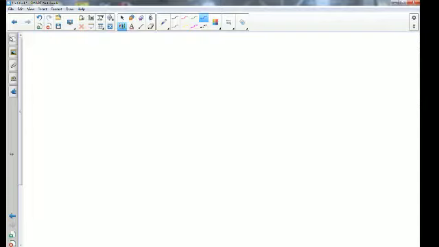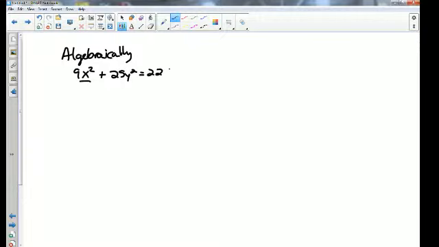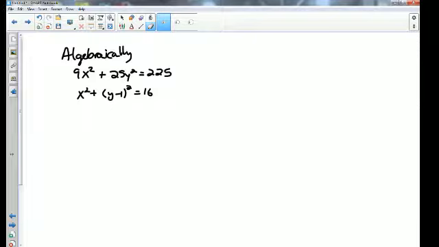So am I. Okay, if I want to solve this system algebraically, those are the equations, correct?